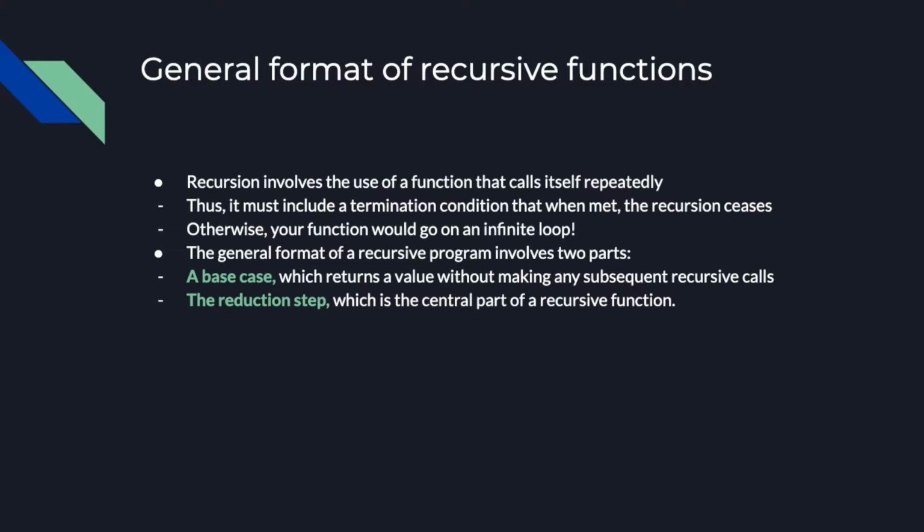The general format of a recursive program involves two parts. The base case, which returns a value without making any subsequent recursive calls. That's basically the end of the recursion. That's when you stop so that it doesn't keep going in a loop. And then the reduction step, which is the central part of a recursive program. You'll see in a minute what I mean by a reduction step.